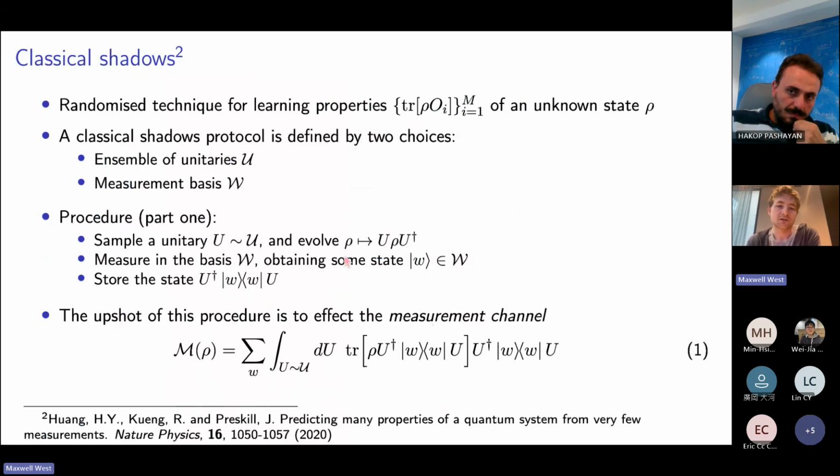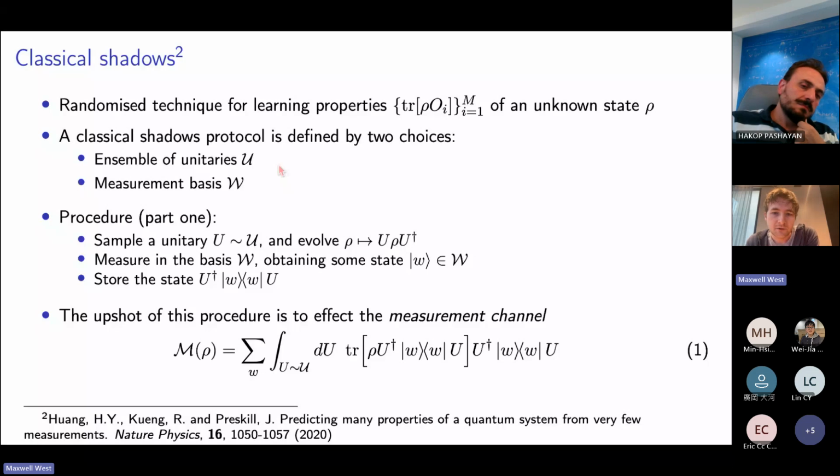All right, so having made these simplifications of saying we're just going to measure one copy at a time in a non-adaptive way, these protocols are defined basically by two choices. You pick an ensemble of unitaries, by which I just mean some set of unitaries with a probability distribution over it. And you pick a basis of the Hilbert space to measure in.